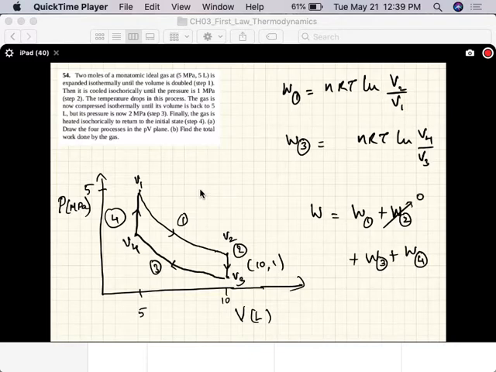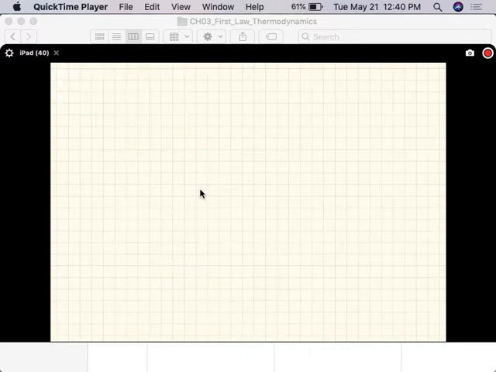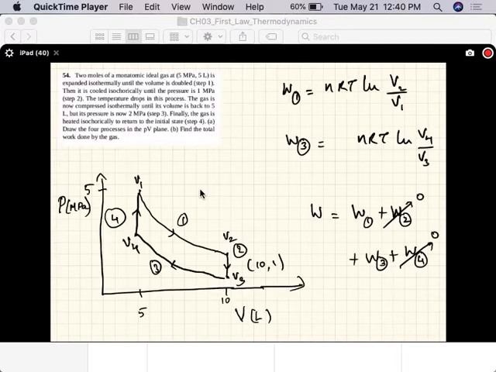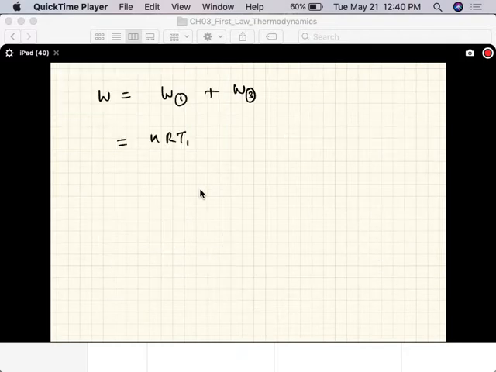These two works, W2 and W4, are 0 because during isochoric processes you do 0 work. So the total work done, those are at different temperatures, so we'll have to find those temperatures.